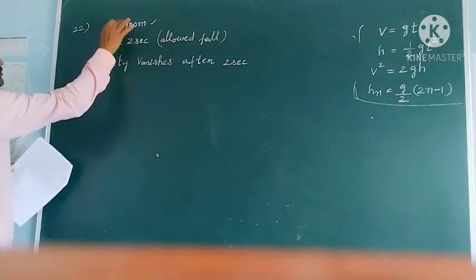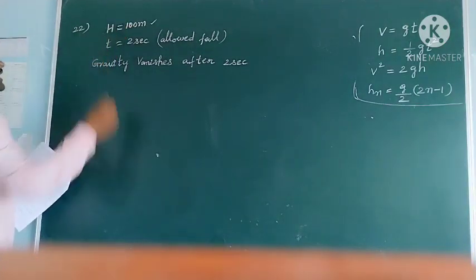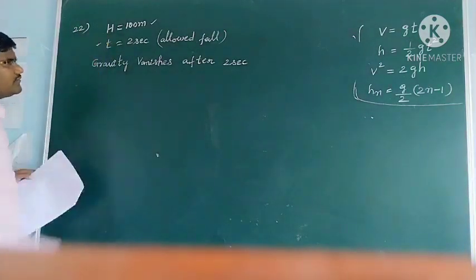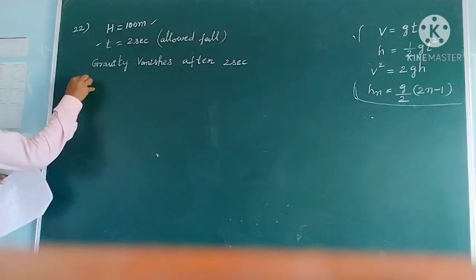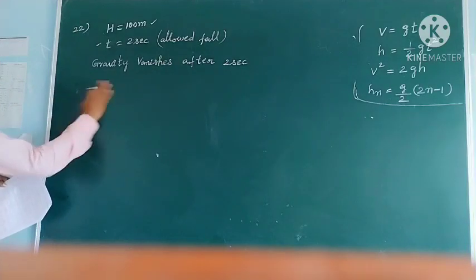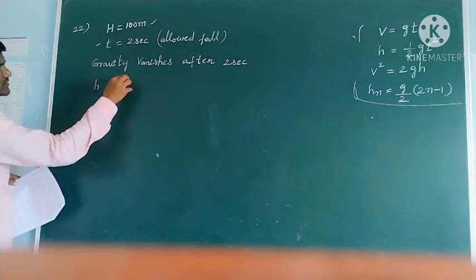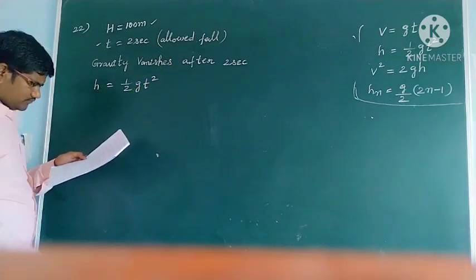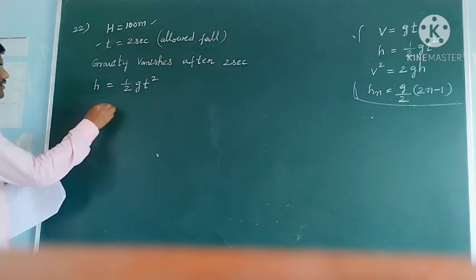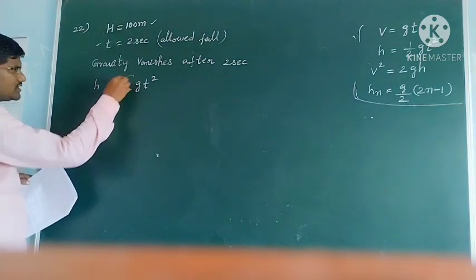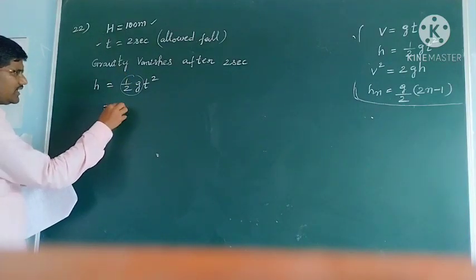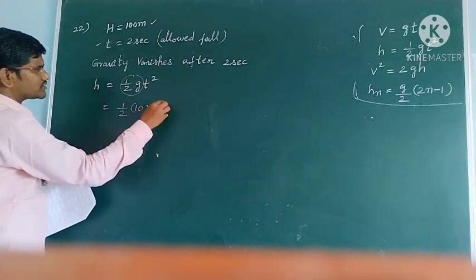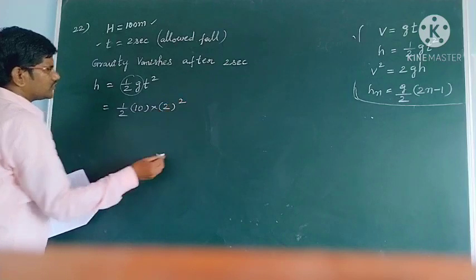So the body is allowed to fall from a height of 100 meters. So for the first 2 seconds it's a free fall body. So I want to know the height fallen in the first 2 seconds. You write it as half g t square. Okay students. So this g value they have given is 10, so half into 10 into t square, 2 square.